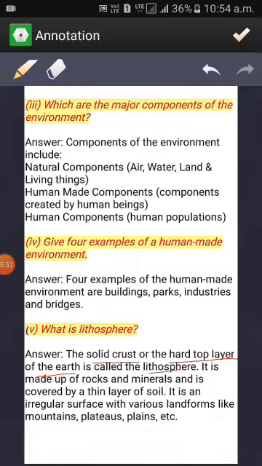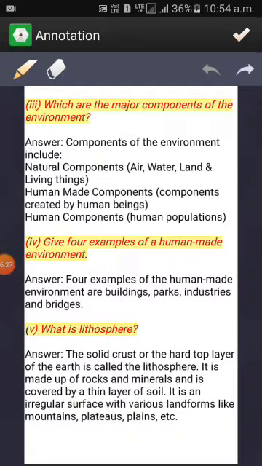It is made up of rocks and minerals and is covered by a thin layer of soil. It is an irregular surface with various landforms like mountains, plateaus, plains. We can say that the top hard layer of the earth, on which we build roads, buildings and grow crops, we call it lithosphere. Its top layer is called soil, in which we grow crops.